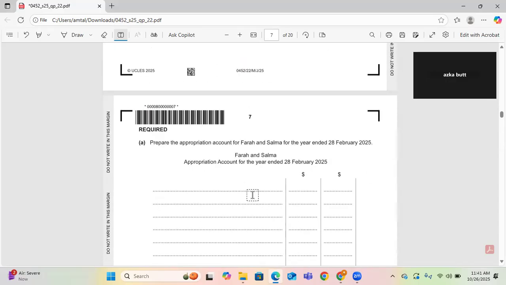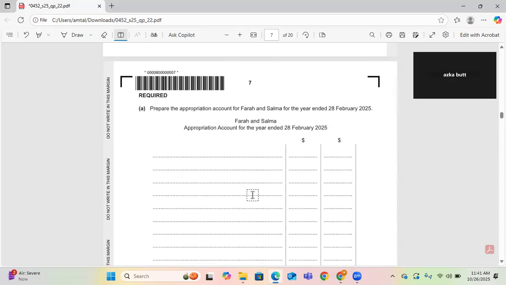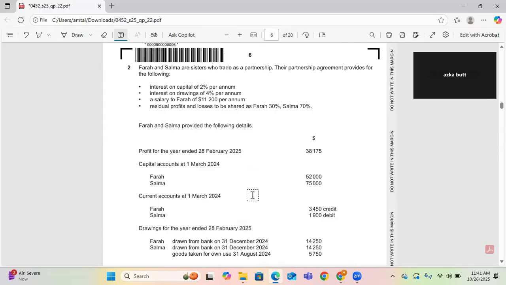Okay, we have to prepare here the appropriation account. Do we have profit? Let's see. Farah and Salma are sisters, and they trade as a partnership, and the partnership agreement provides for the following: interest on capital of 22% per annum, interest on drawings, salary, and residual profit.